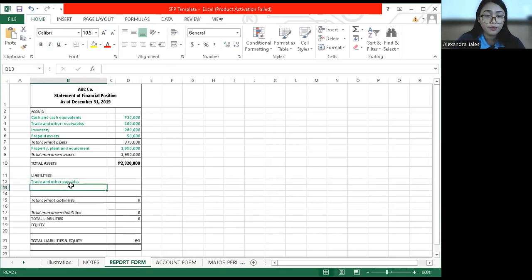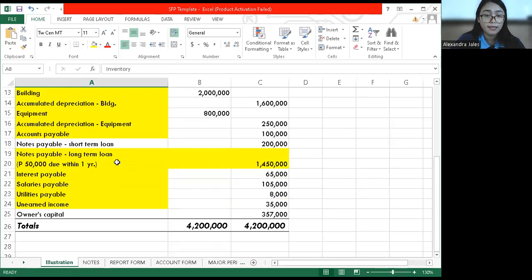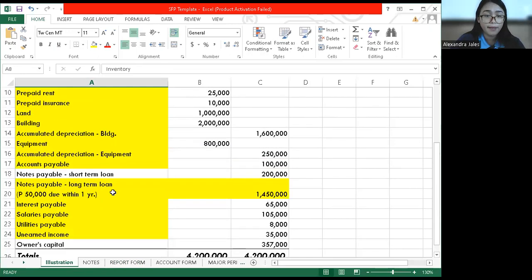And then for your next account, what's next after payable? That would be your short-term borrowings. Did you see that one in your illustration? The short-term borrowings.